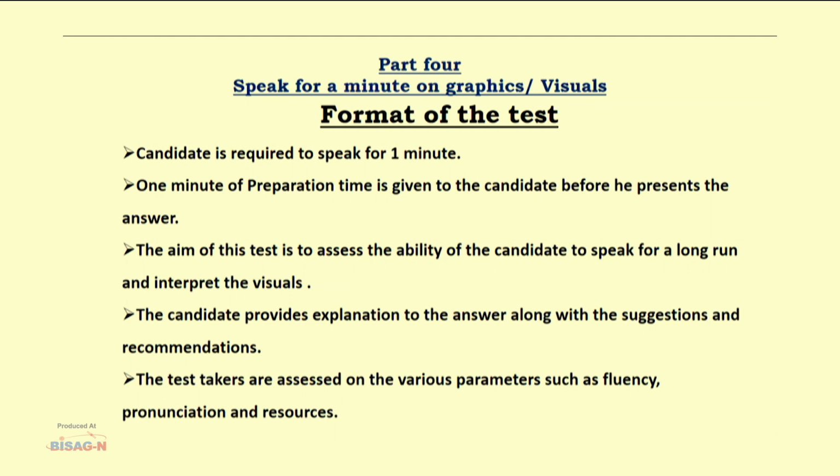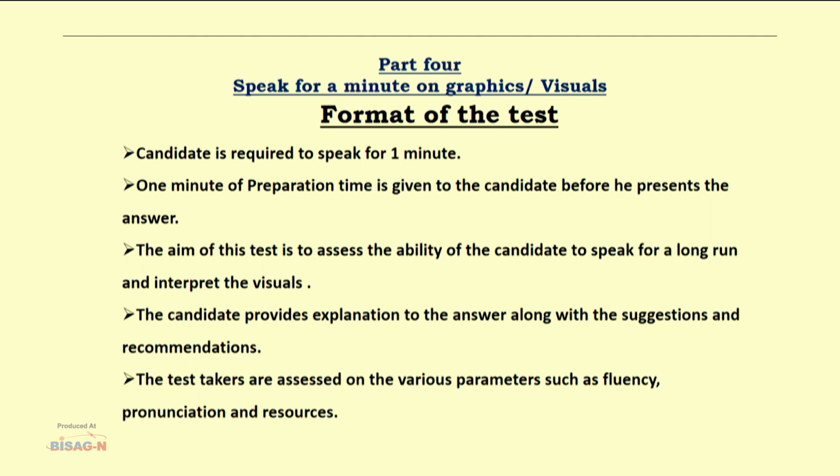The test takers, or the candidates, are assessed on various parameters such as fluency, pronunciation, and resources. As mentioned in the earlier topics, you have to make sure that your fluency, your pronunciation, and the resources that you use are appropriate and relevant to the topic.